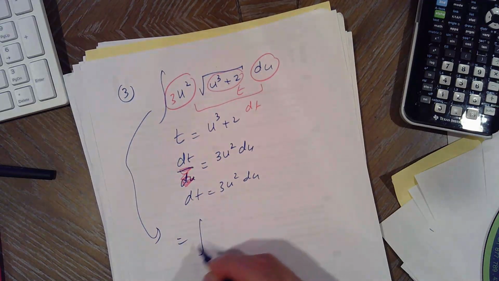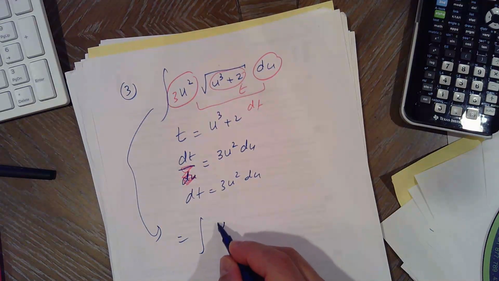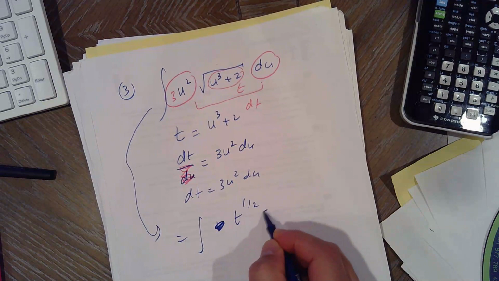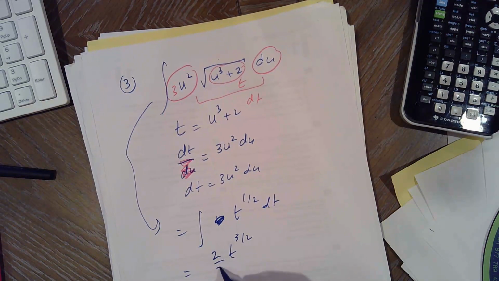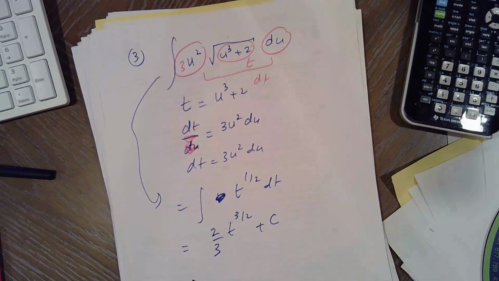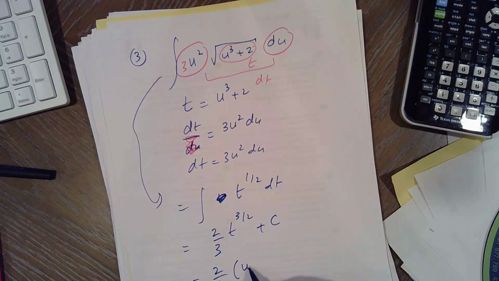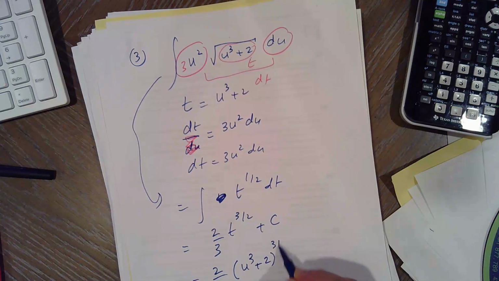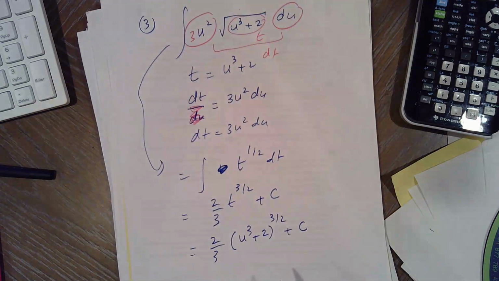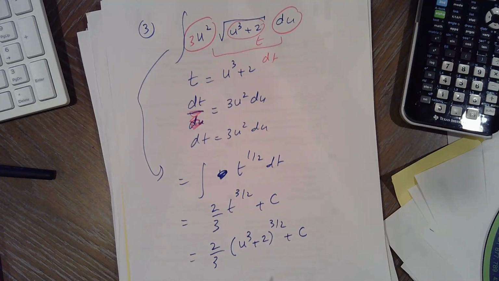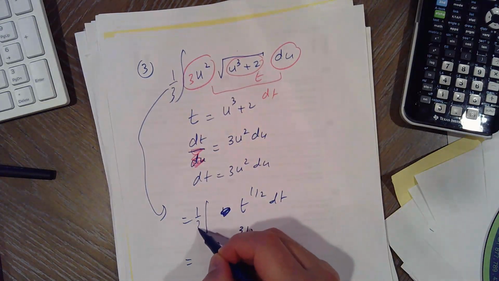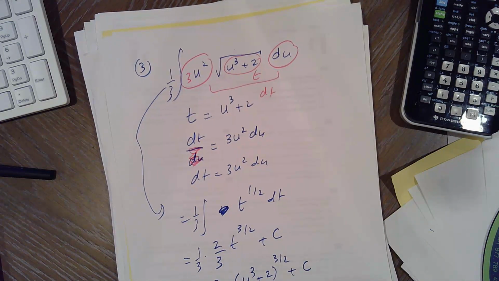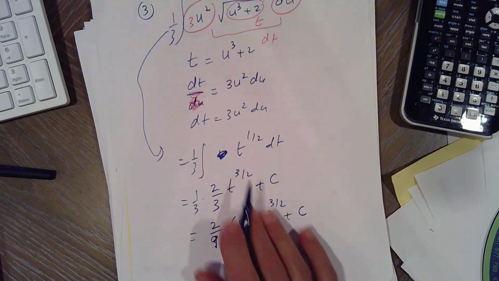So this would be the integral of t to the 1/2 dt, so t to the 3/2 divided by 3/2 plus c, which is (u cubed plus 2) to the 3/2 plus c. And I forgot to put the 1/3 here, so you're going to bring the 1/3, so it'll be 2 over 9. Please fix that.